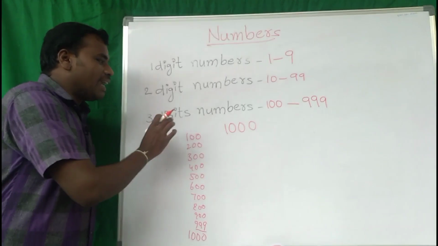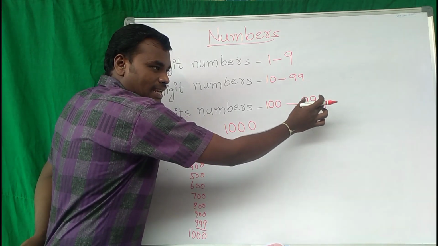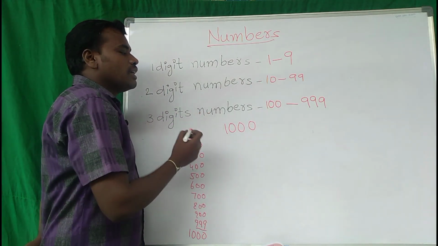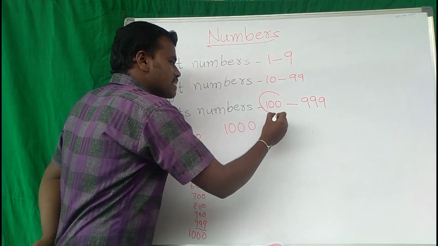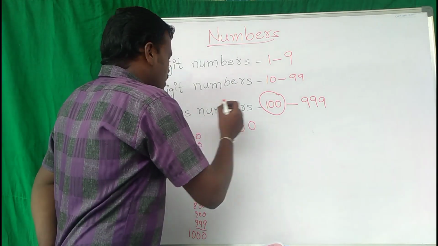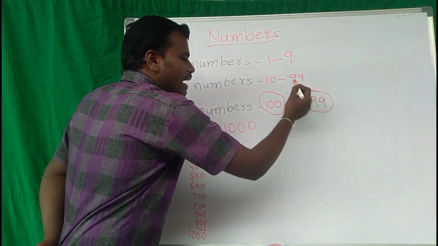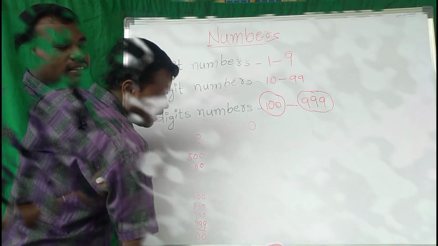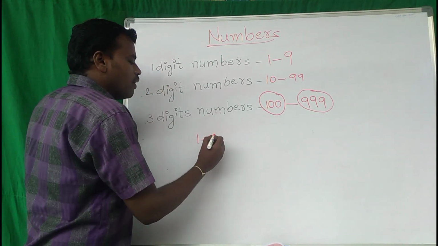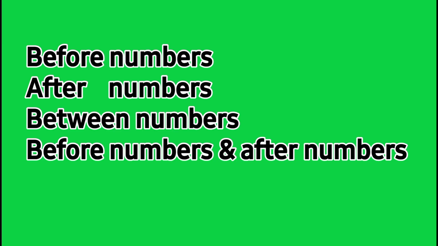So in the three digit numbers, the smallest number is 100 and the biggest number is 999. These are the numbers from 1 to 999.